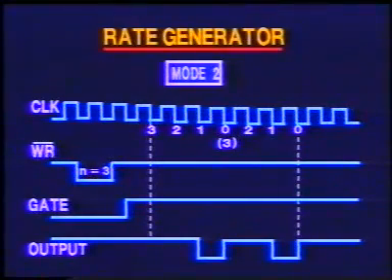Output of this pulse is repeated every time the count reaches the count value minus 1. Change in count value is allowed when the count is in progress. However, the change becomes effective only after the next output pulse. This mode generates pulses occurring at a rate specified by the count value.